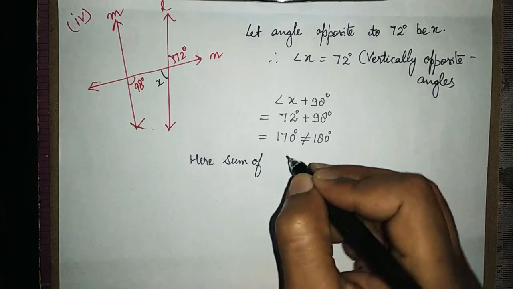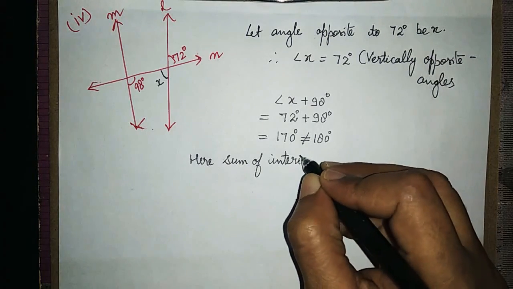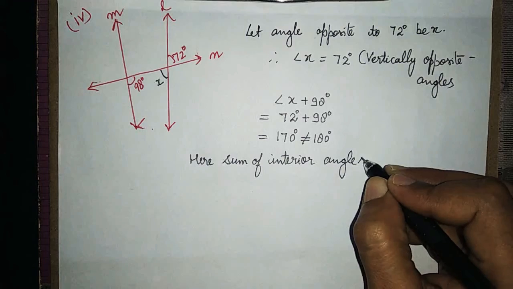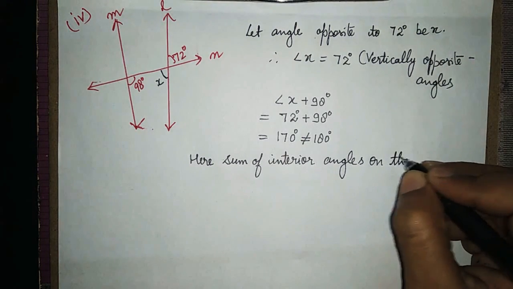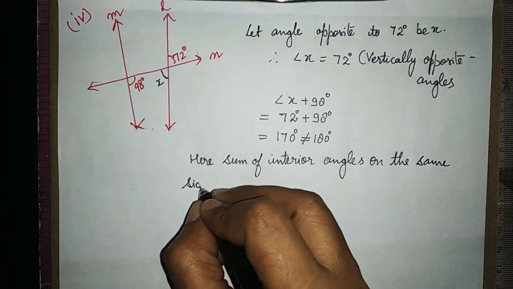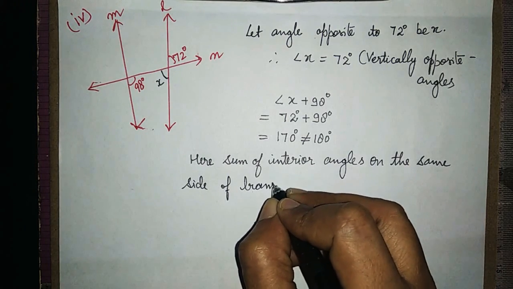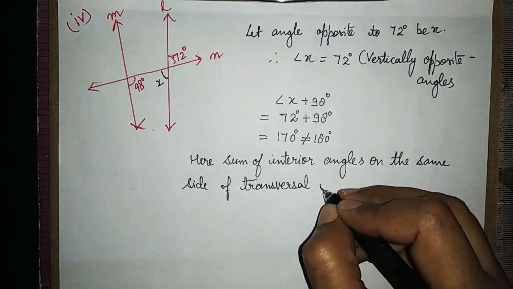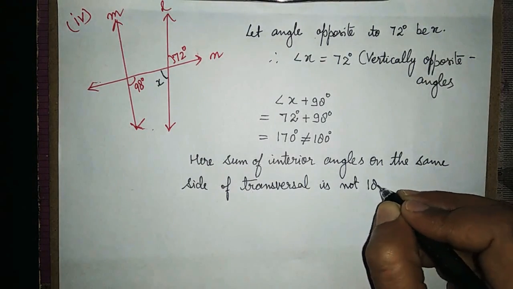So here you will write, here sum of interior angles on the same side of transversal is not 180 degree.